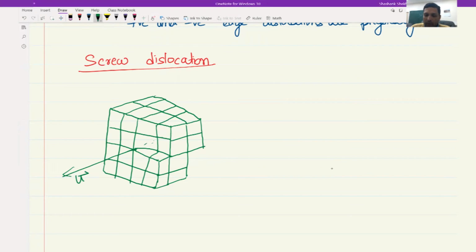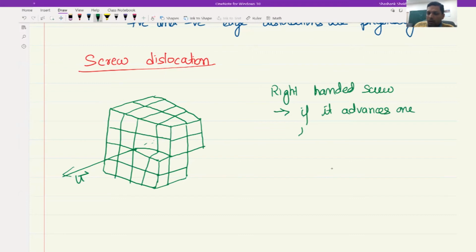Again, we need to establish certain conventions here also. So here what we have is right-handed screw or left-handed screw. Right-handed screws are ones where it advances one plane after a clockwise circuit.